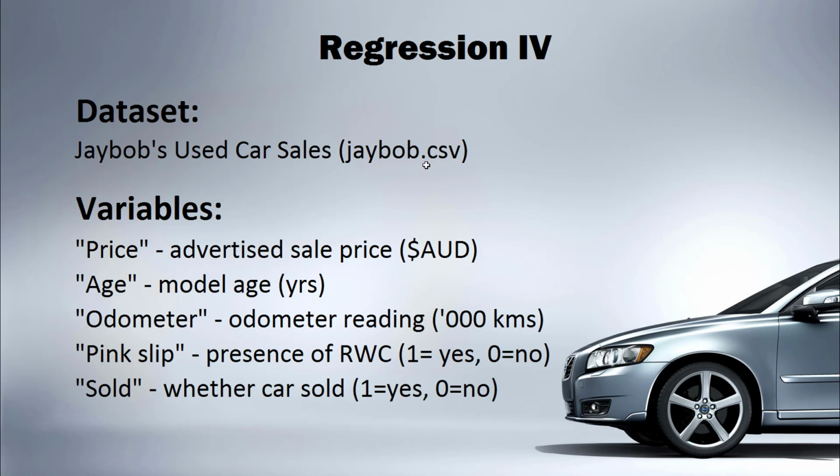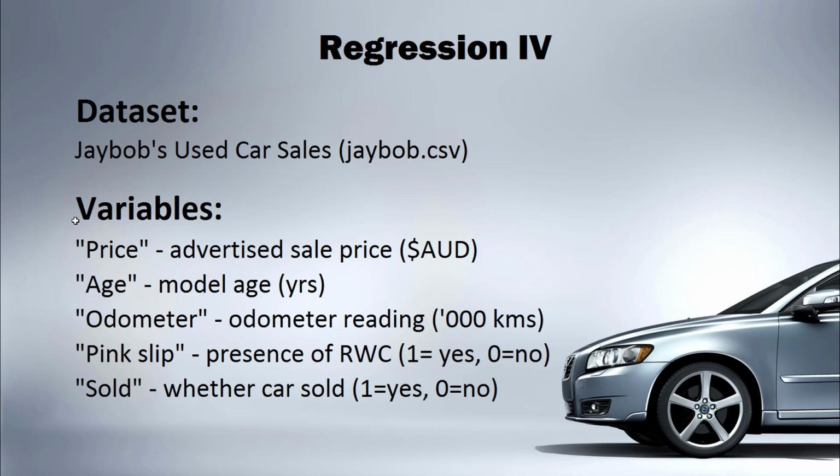It's just in jaybob.csv, which is a file I've linked to in the description of this video. And I'll also put a link to an Excel file that houses all of the models that I've used in the video as well, so you can check up to see any of the extended output that maybe I've left out. Nonetheless, hopefully this will explain why we have a little car graphic down here in the bottom right-hand corner.